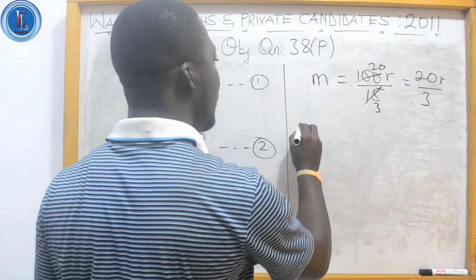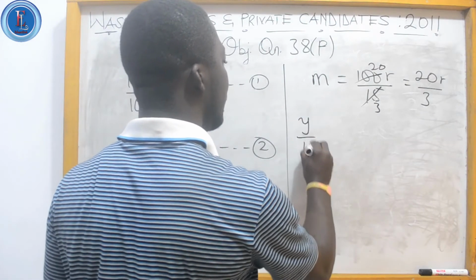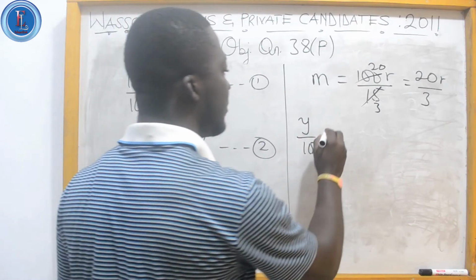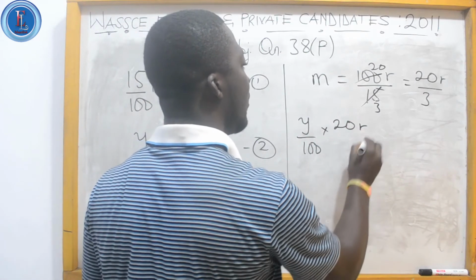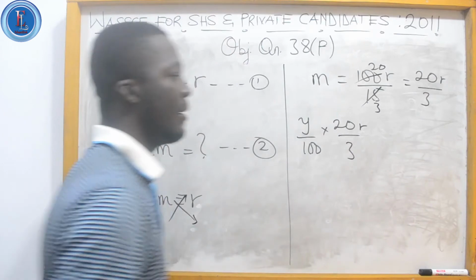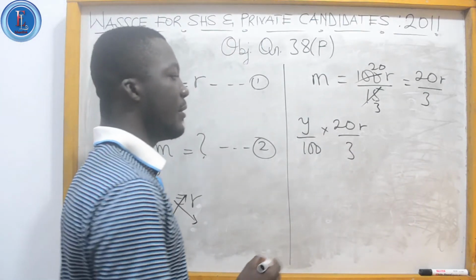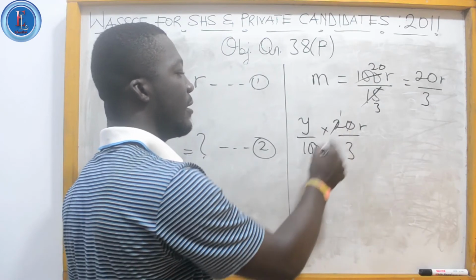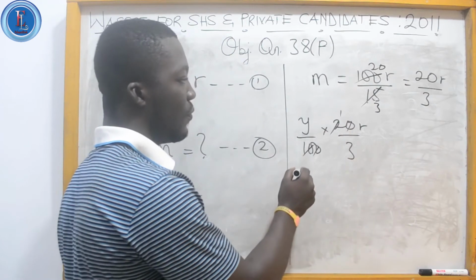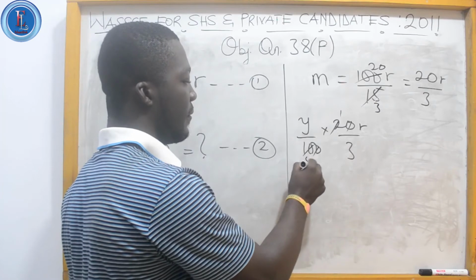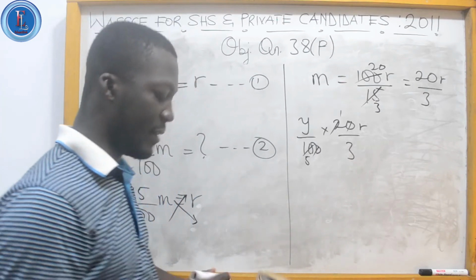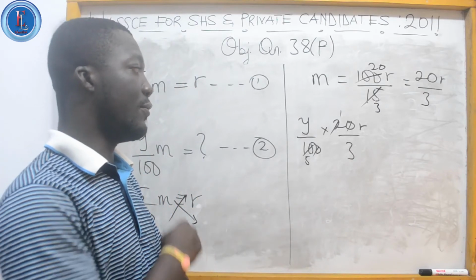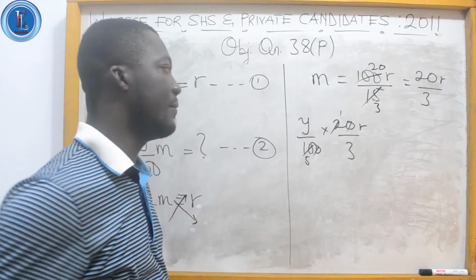Now we are asked to find y percent of m. So that one will be y percent of m, and m is 20r over 3. In simplification, 0 can cancel 0, and 2 is a factor for 10, so 2 into 10 is 5.